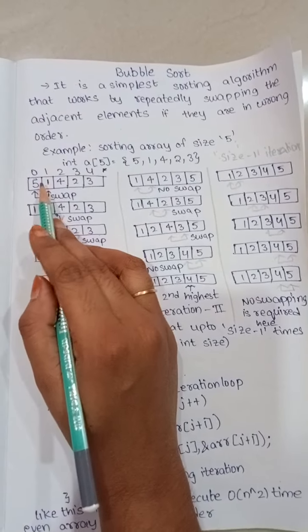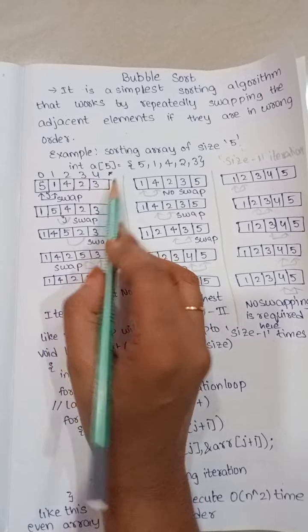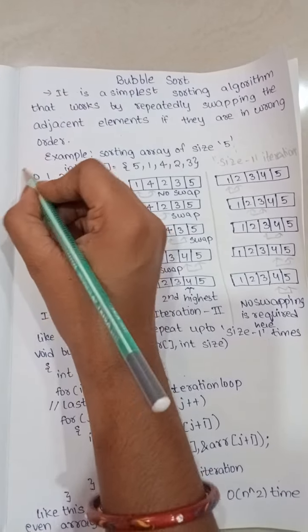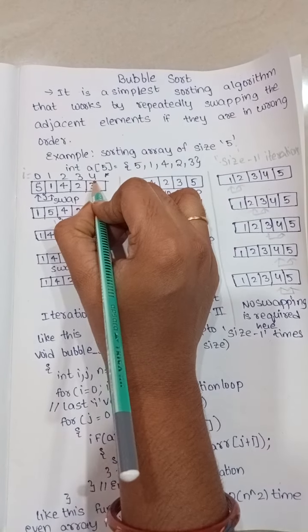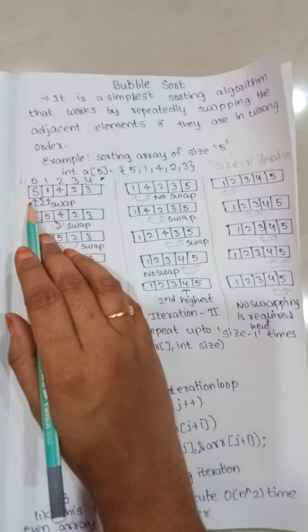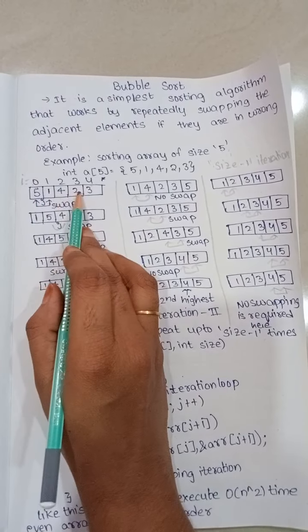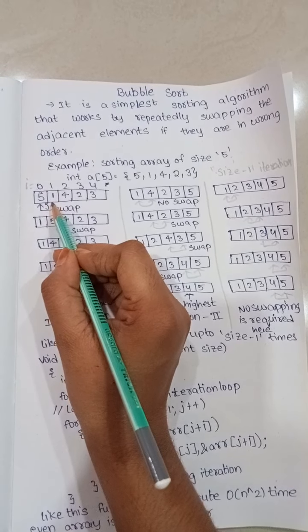Let us look at the first iteration. I am writing the array's numbers as I declared, and array index starts from 0 to size minus 1, that is, here 0 to 4. I am writing numbers 5, 1, 4, 2, 3. Here what we are doing is comparing the adjacent elements.